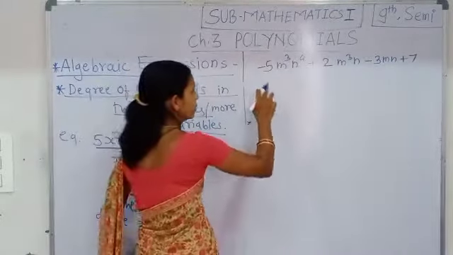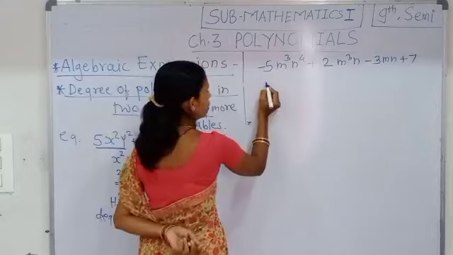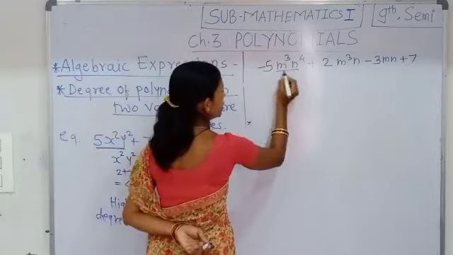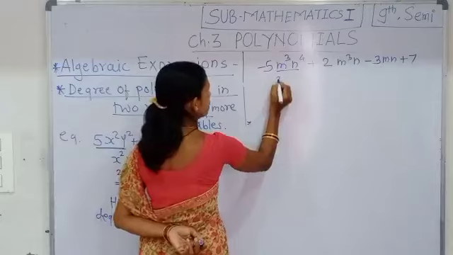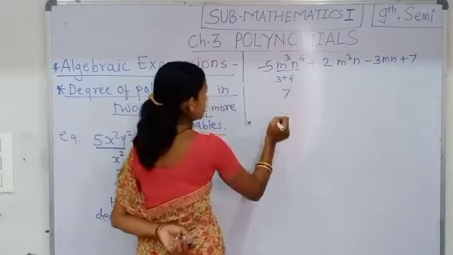Then see here in this polynomial, the degree of the first term is 3 plus 4, that is 7.